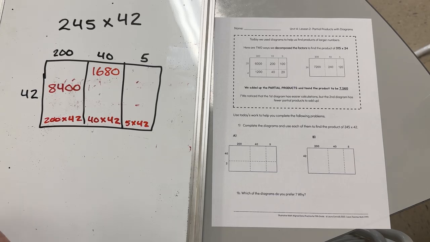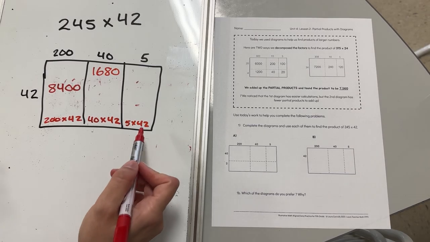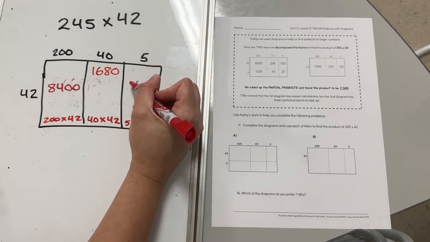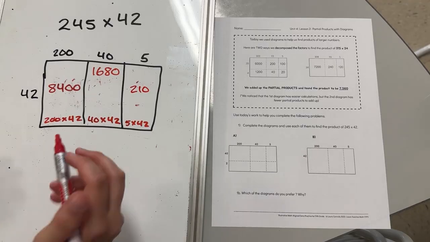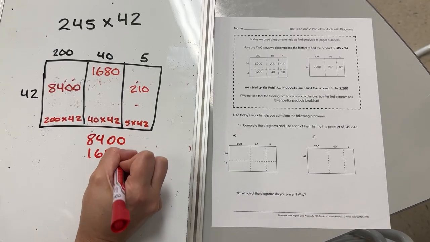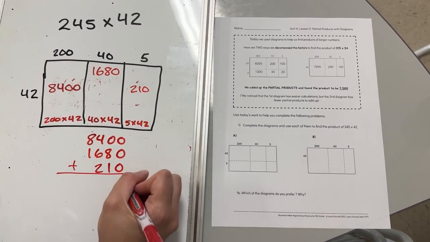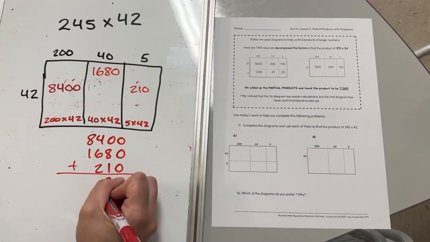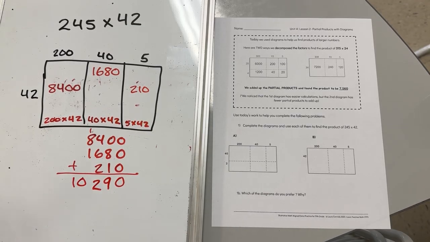And then I'll take that 420 and split it in half, since 5 is half of 10. So 420 split in half is going to give me 210. I would then add all of those numbers together. This one I really am going to stack on top of each other just because it's 3 products here. And I should have ended up with the same number I had before.